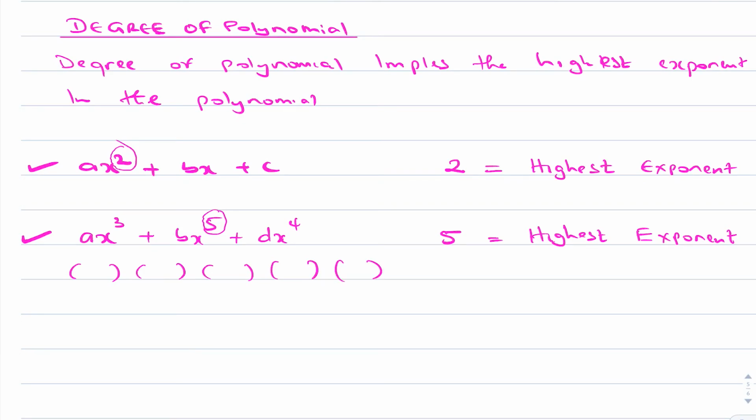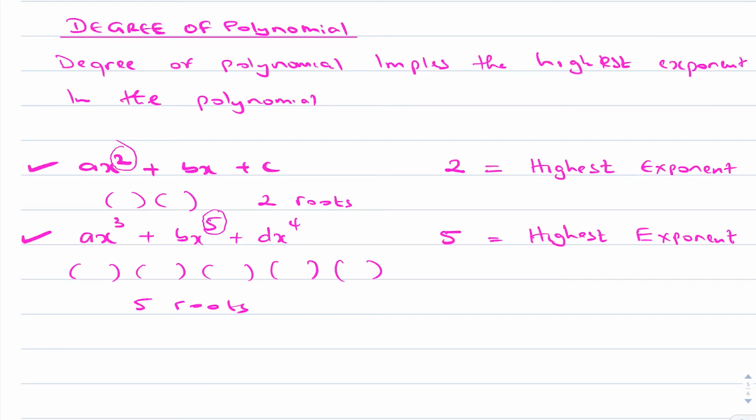So that's what that meant. Quadratic has degree 2, hence it has 2 factors and 2 roots. The second expression has degree 5, hence it's got 5 factors and 5 roots.